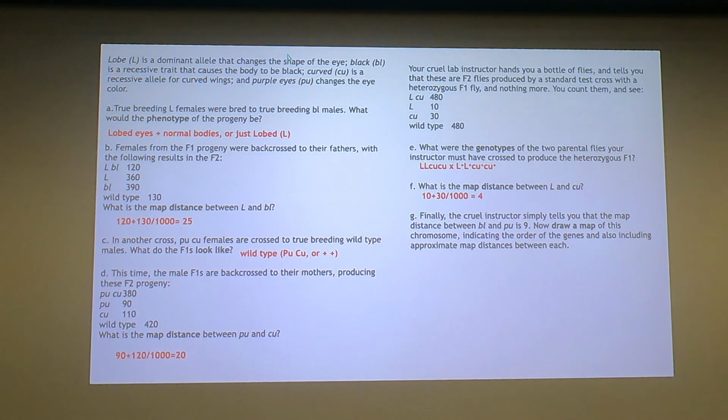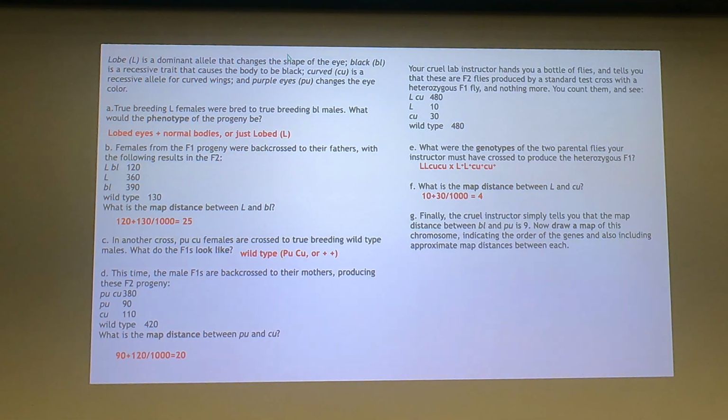So then finally, the cruel instructor, oh, he's not so cruel because he just tells you the next distance. Doesn't make you do any calculations, doesn't make you look at flies. He just tells you, hey, the map distance between BL and PU is 9. Now you have to draw a map. You got all the information there, right?